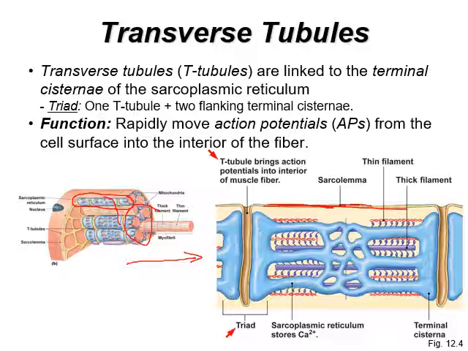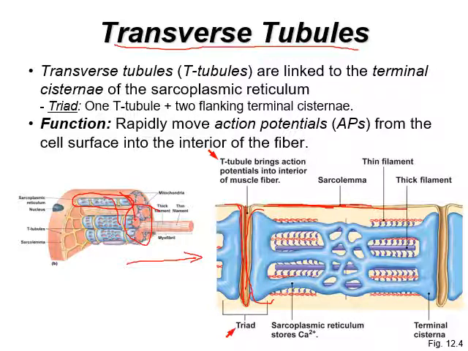And that's what this arrangement, this transverse tubule, will be doing. It's basically, you can see, just an invagination of the sarcolemma, the plasma membrane. So that can bring that action potential deeper into the muscle here. You can see these blue sacs, we'll talk about these in a second.